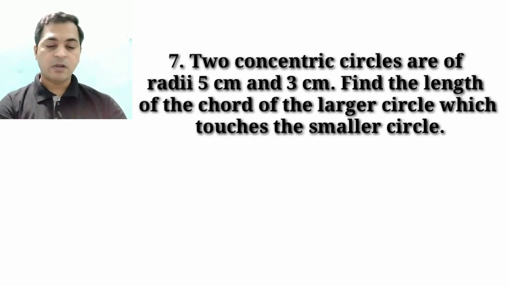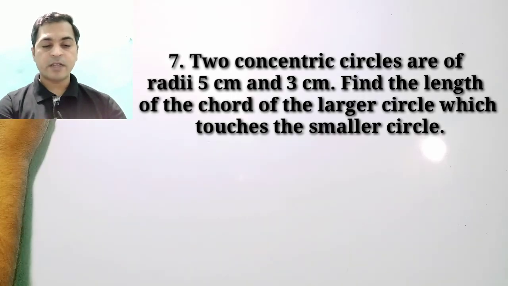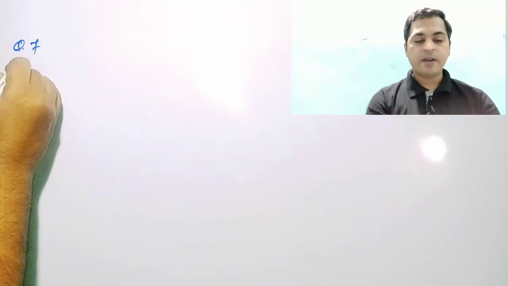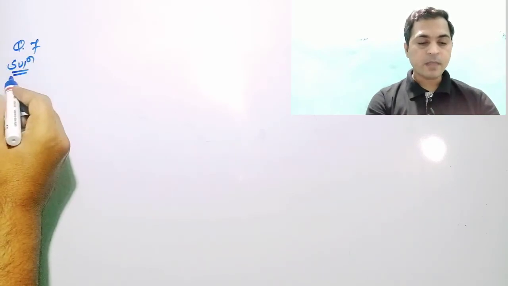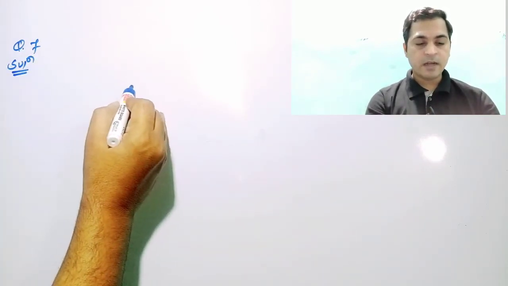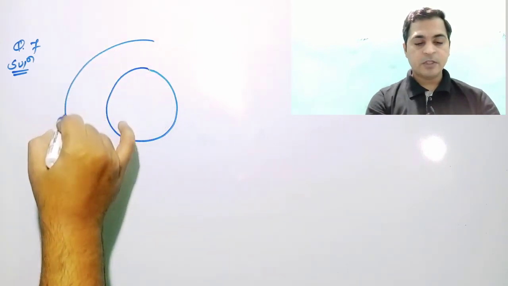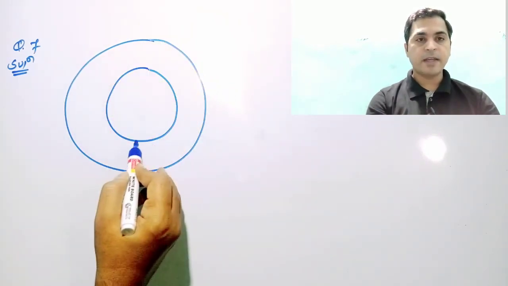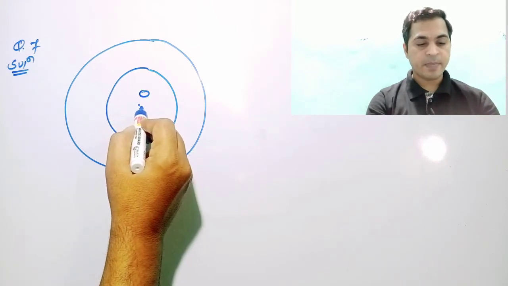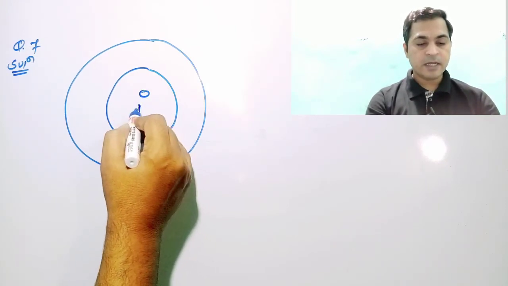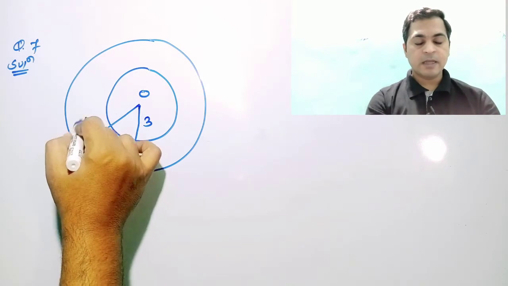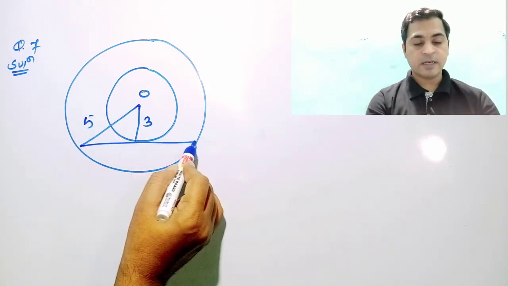So first of all, drawing the figure over here, let us see two concentric circles having different radii. So the circles are the first one and this is the second one. The first having radius 3 centimeter and the radius of the second circle is 5 centimeter.